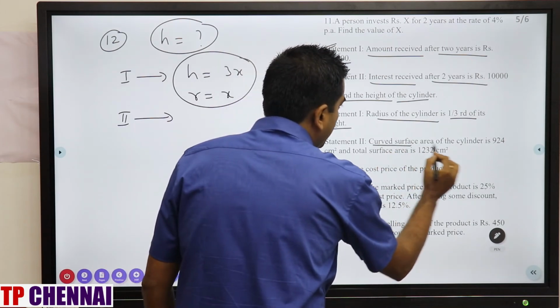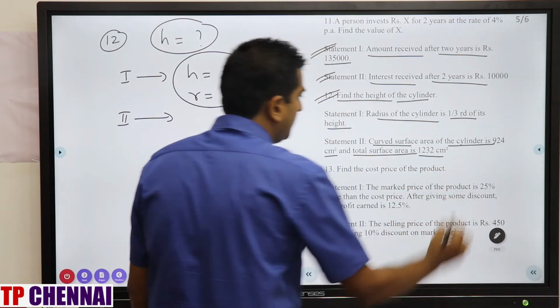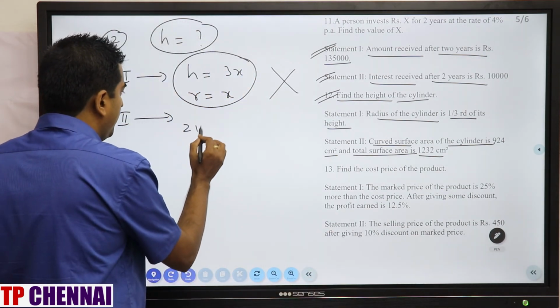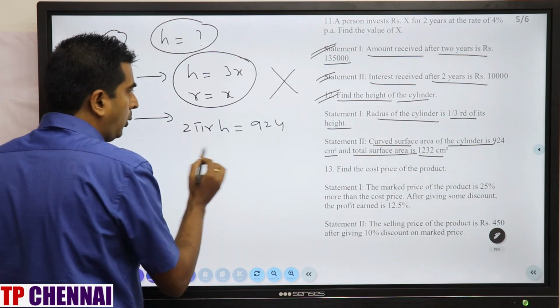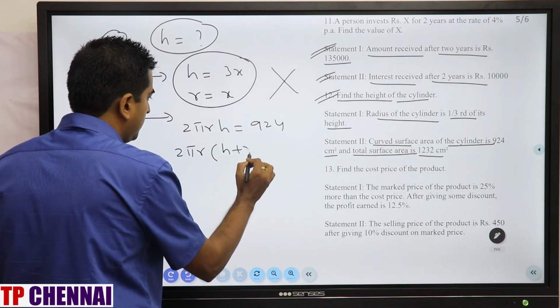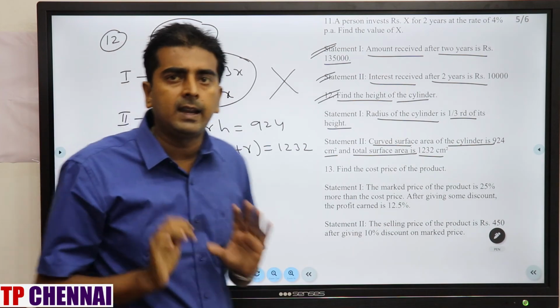Curved surface area of the cylinder is 924 cm square and total surface area is 1232 cm square. What is the curved surface area of a cylinder? 2 pi RH, which is 924, and total surface area 2 pi R into H plus R is equal to 1232. No need to solve in data sufficiency.